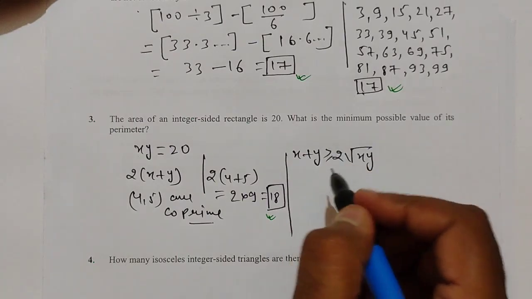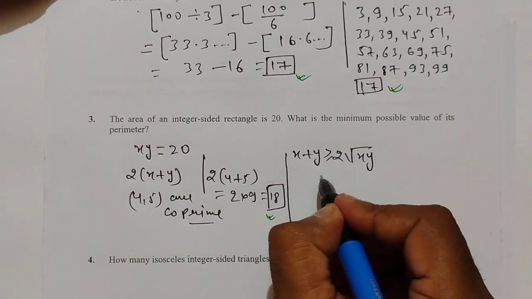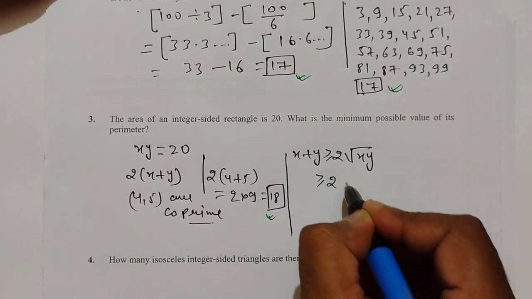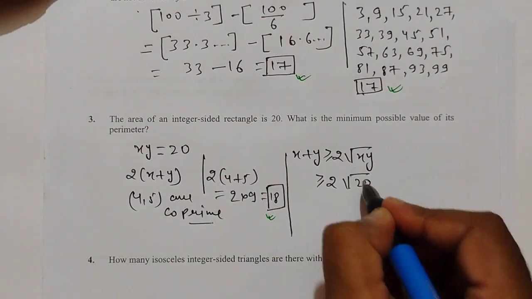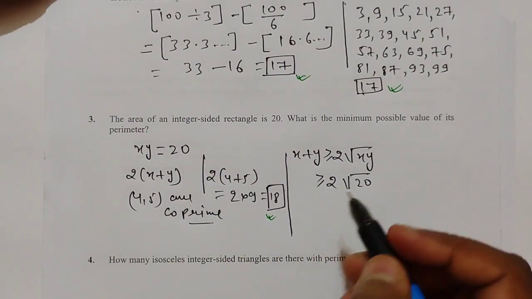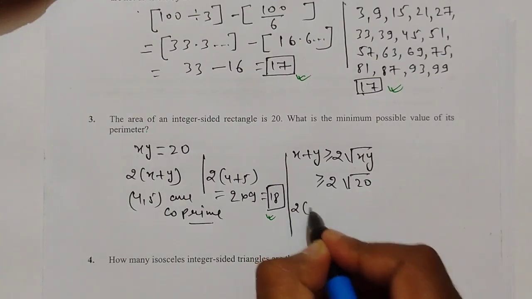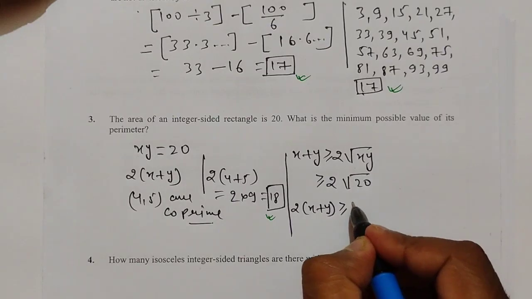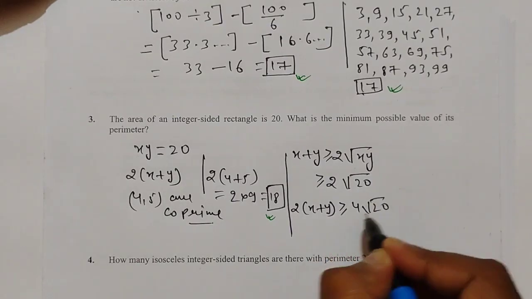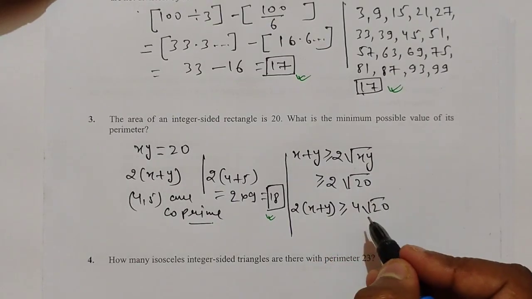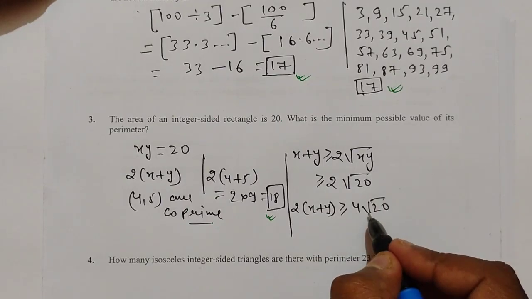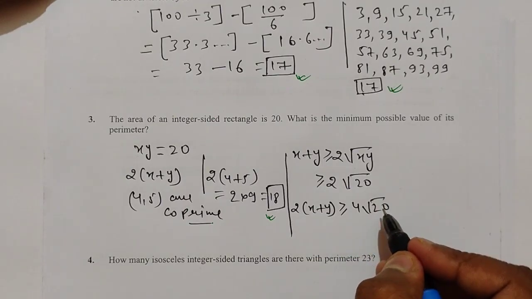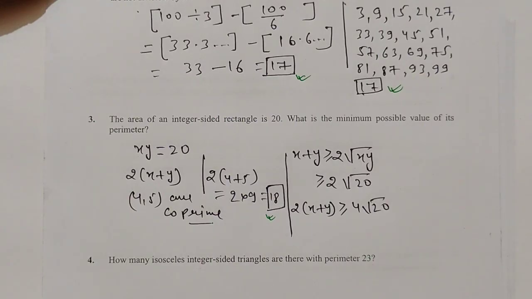So now we use the area, that is root 20, and we have 2 times x plus y is greater than or equal to 4 square root of 20, and the square root of 20 is 2 root 5.